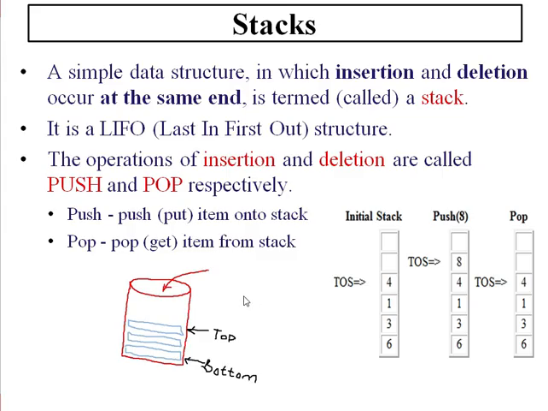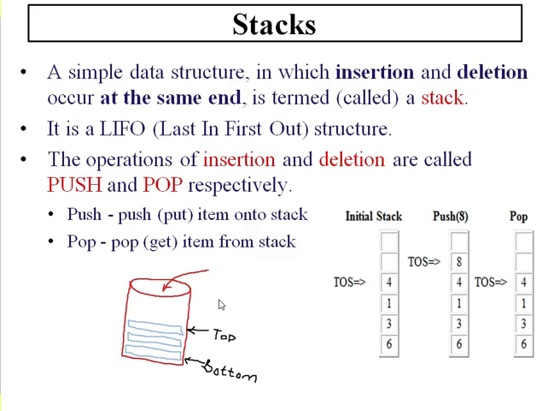How can we bring this concept to the programming perspective, so that we can implement it in a computer system? We can consider a stack as a simple array, a list of items.